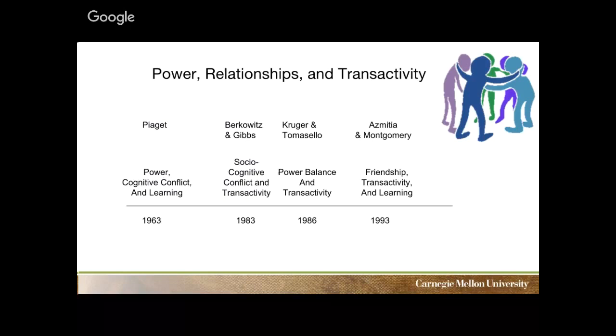But later, in the 80s, Berkowitz and Gibbs were the ones who formalized this idea of transactivity. Whereas they've given you a really simple view of how you might identify that a contribution is transactive, they actually had 18 different kinds of contributions that could be called transactive, that had different properties and that were appropriate in different situations.